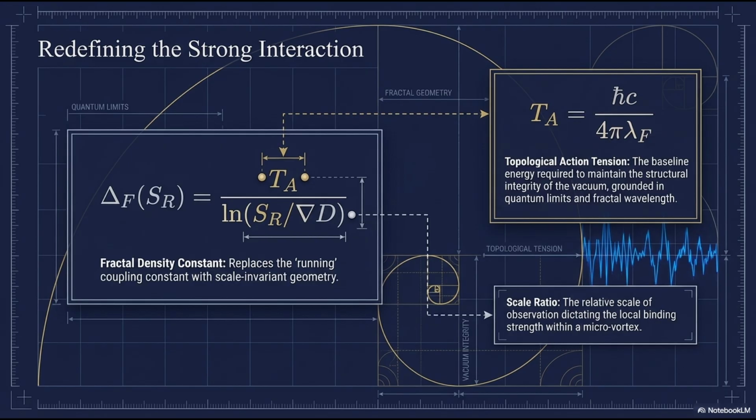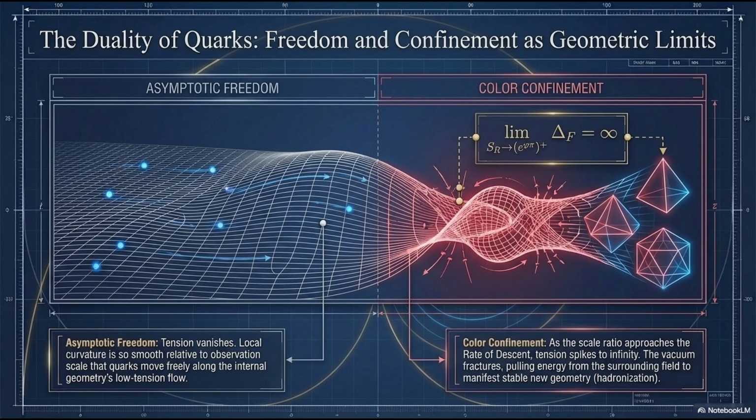Oh, I see. It's like my digital photo analogy from earlier. When you zoom all the way in on a super high-res image, you don't see the rigid grid of the pixels anymore. You just see a smooth, continuous block of color. Right. And the quarks are basically swimming in that smooth block, feeling no resistance. The visual definitely works, but with one critical physical difference. In a digital photo, the grid is static, right? Yeah. In IFD, that smooth color is actively resisting being stretched.